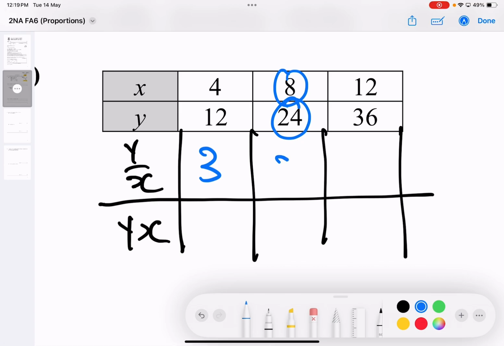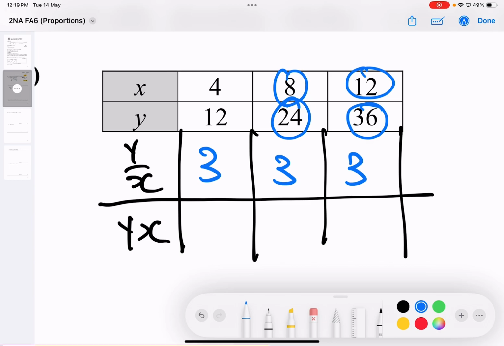The answer is 3. And last one, 36 divided by 12, what do I get? Use your calculator if you don't know. 3. Okay? So here you realize that by dividing y over x, I get a constant 3.